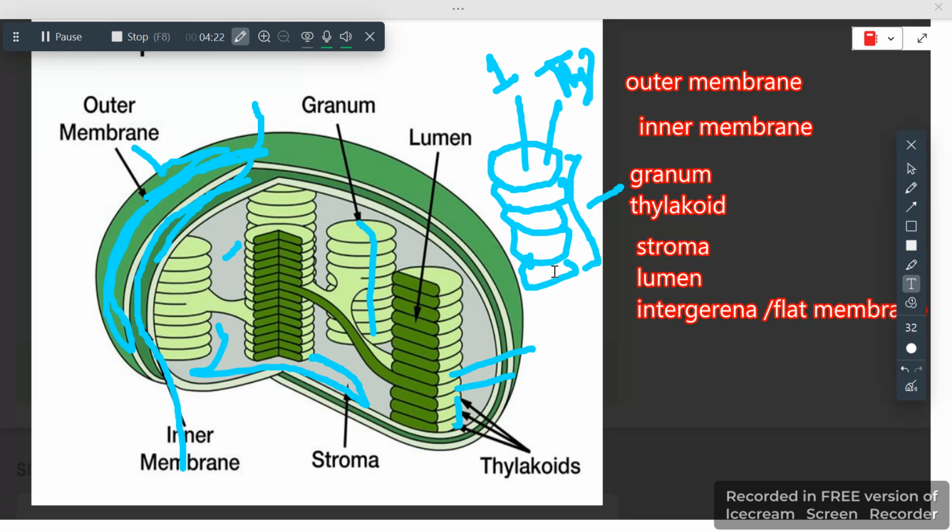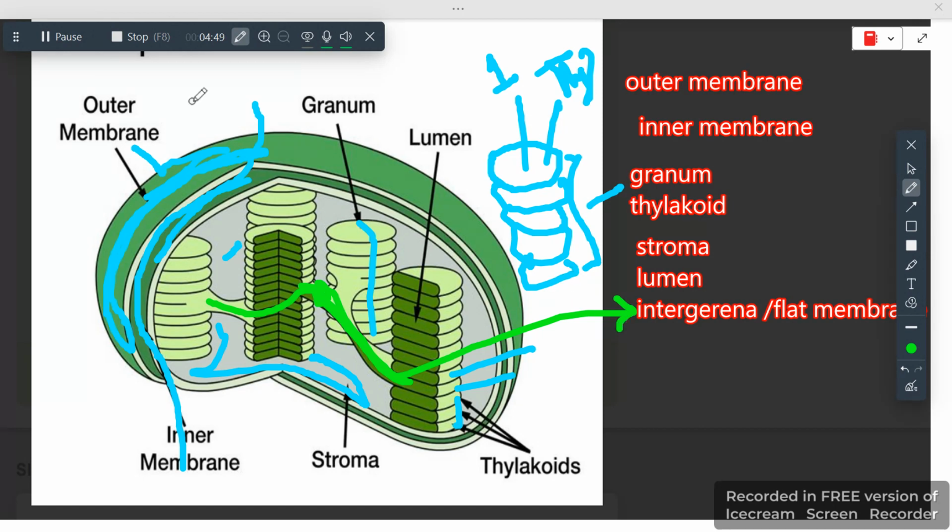Let me get a pencil. So what is intergrana here? This is the connection, something which makes them attached together. This bonding, the connection from this one to this one, from this one to this one, is simply known as intergrana. If I mark it here, this is known as intergrana.